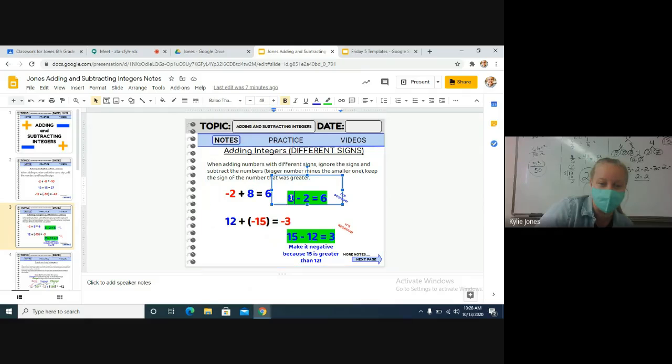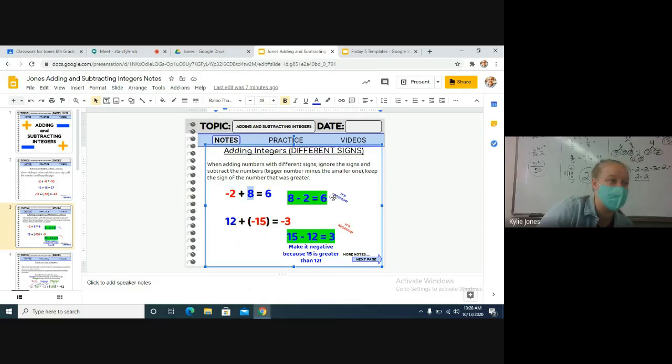So you take your 8 first, subtract the 2, and that equals 6. Now, you look at your two numbers. 8 is bigger than 2, so we're going to take the sign of the 8, which is positive, so we keep our answer positive, which is why this is a positive 6. If it was negative, it would have been a negative 6. Okay, so that's our first example.